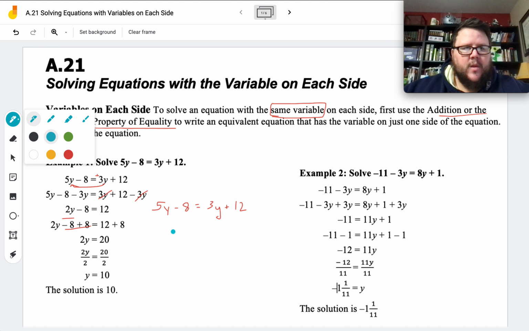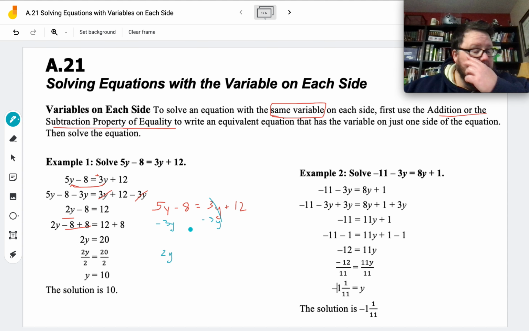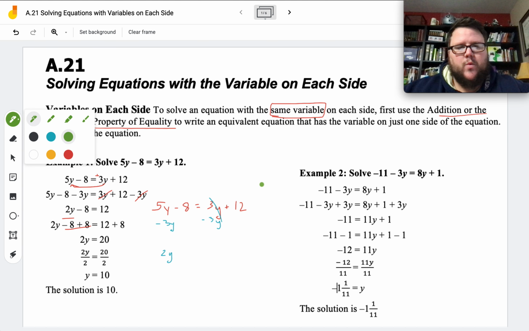Alright, so what we're going to do is subtract 3y from both sides. 5y minus 3y is 2y. And then I'm going to bring down the minus 8. Some of you might like to do this in one step, which is fine.